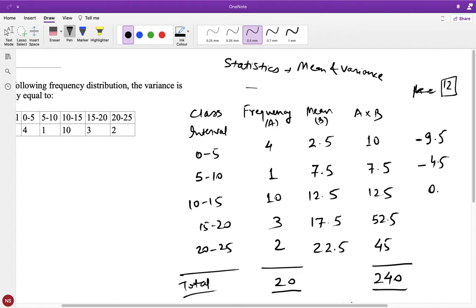This will be 0.5. 17.5 minus 12, 5.5, and 10.5.